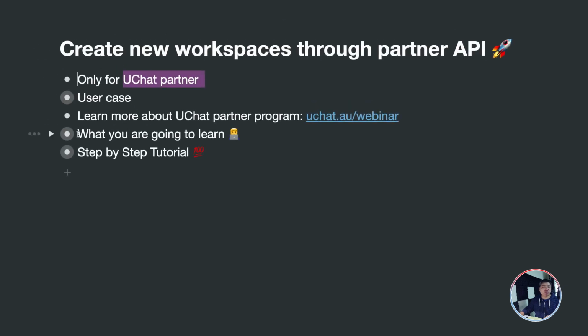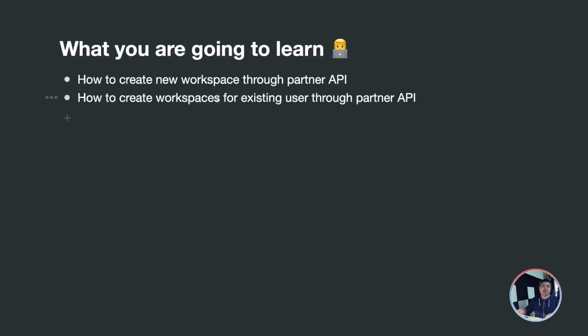Now let's talk about what you are going to learn today in this video. So basically I will show you different ways to create new workspace through our partner API. Okay, one is you are creating a new workspace for a new user. Okay, this user has never registered any account with you.